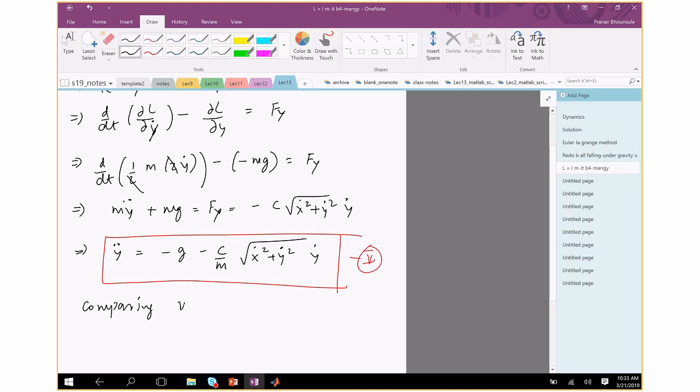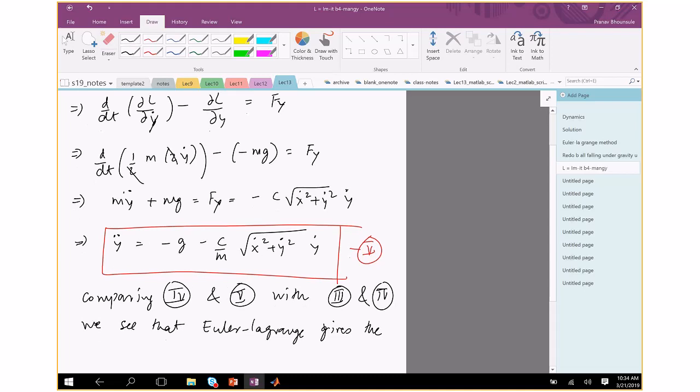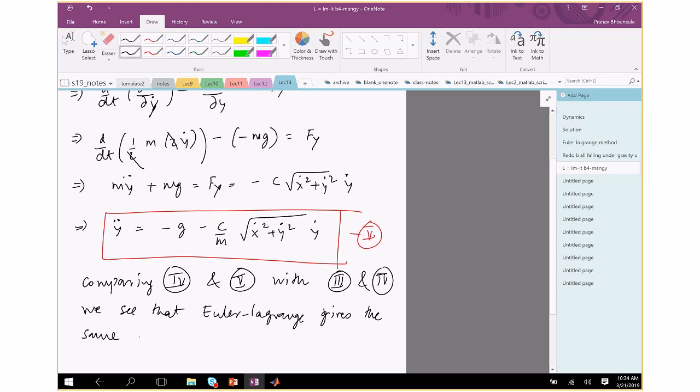Comparing 4 and 5 with 3 and 4, we see that Euler-Lagrange gives the same answer as Newton's method.